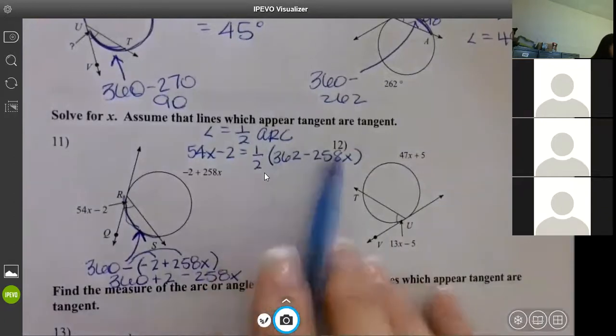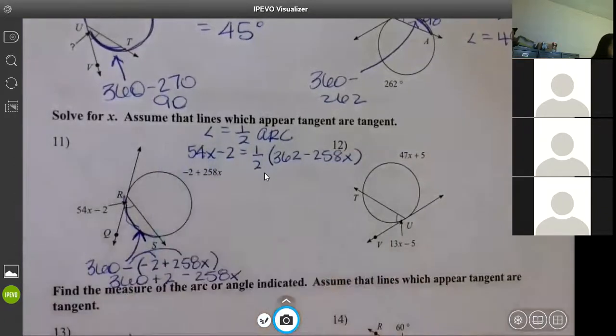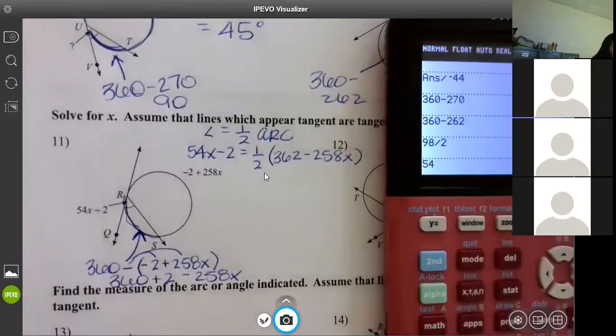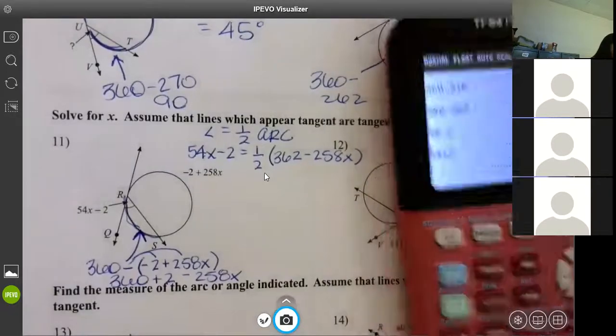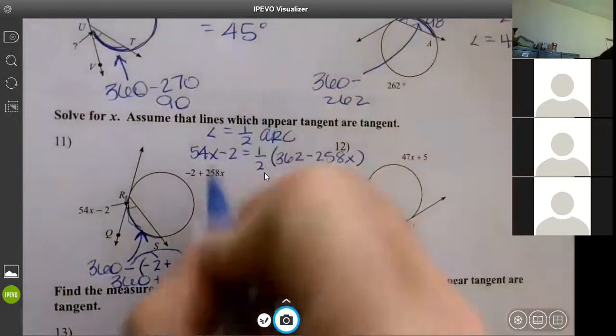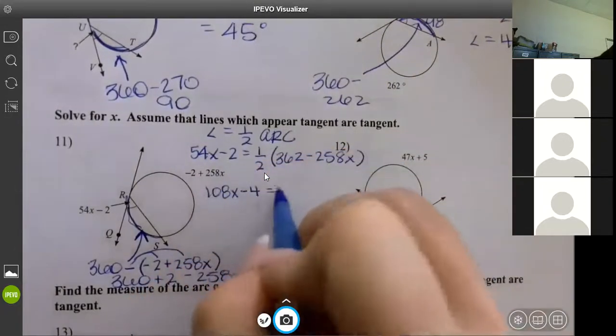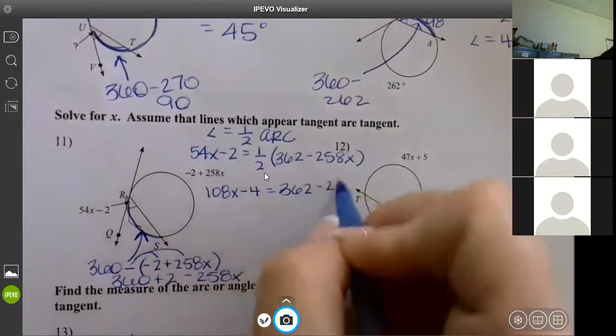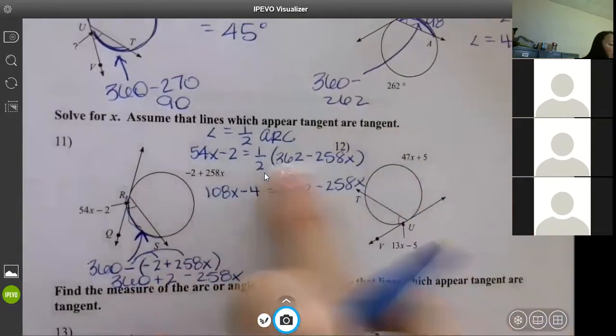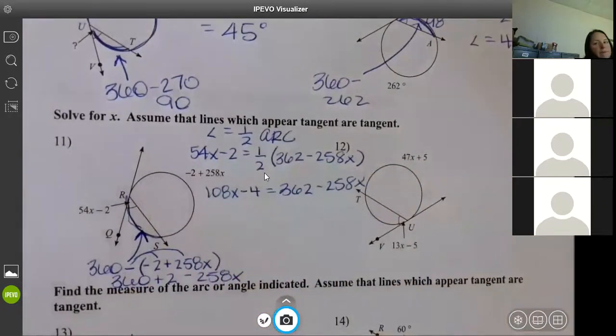I can either divide both of these by 2 or multiply these by 2. I like to multiply better than I like to divide. So 54 times 2 is 108 minus 4 equals 362 minus 258x. If you'd rather divide these by 2, that's perfectly fine.